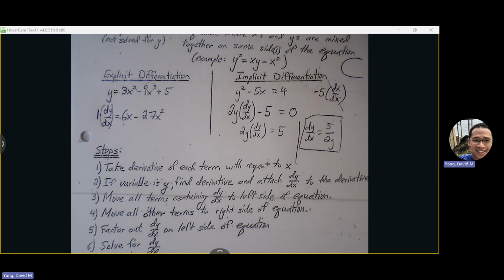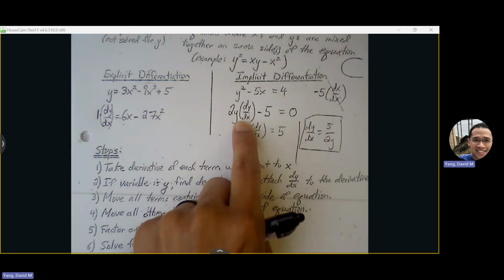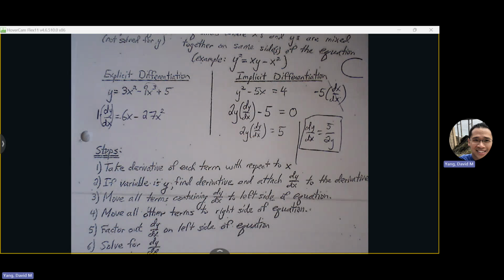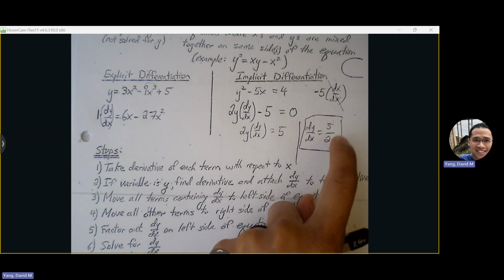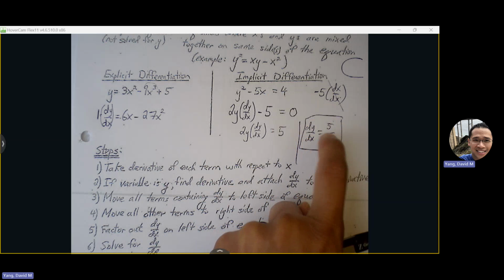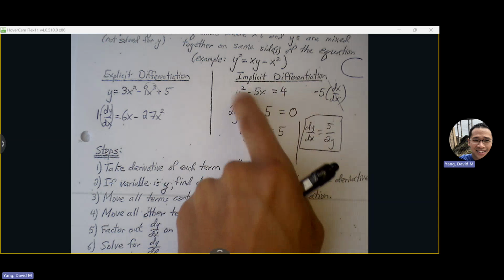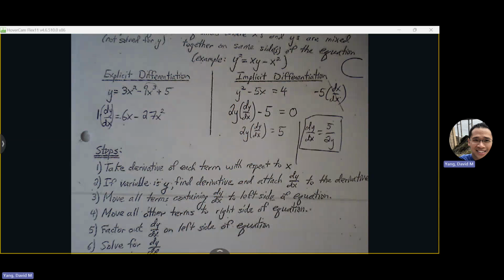Then you know, okay, I got to do implicit, which means I got to find the derivative, keep track of my dy dx's, and then afterwards move things around to eventually get my dy dx variable by itself. But your derivative is just doing the same thing as all derivatives do. It's just describing how the slope of this graph is behaving at any moment in time.